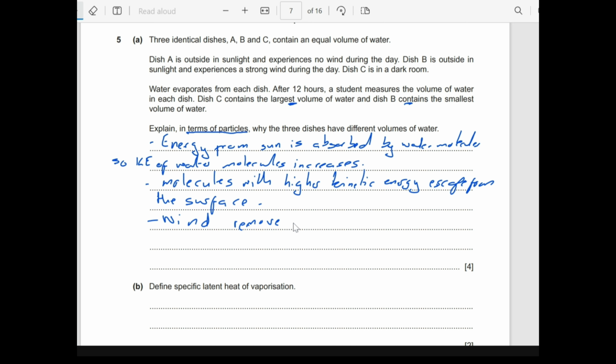So wind will remove particles or molecules when they leave the surface. Then of course we know that the wind increases the rate of evaporation.